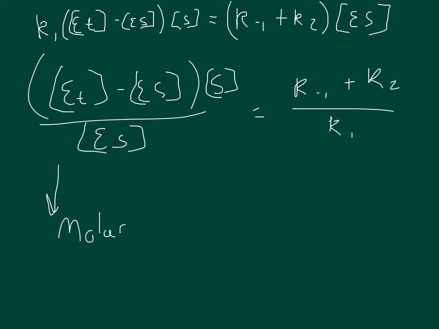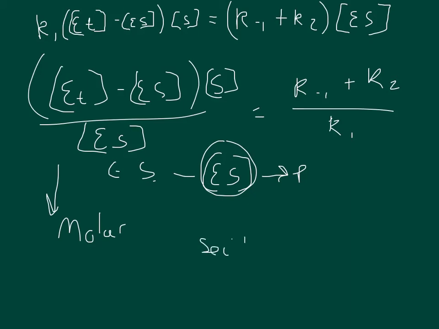Now secondly, notice that for k-1, whether the enzyme-substrate complex forms a product or forms the substrate and the enzyme, this is a unimolecular reaction, and so it's first order. So the units for k-1 are seconds to the negative 1, and the units for k2 are seconds to the negative 1. And for k1, it's bimolecular, so the units are molar to the negative 1 times seconds to the negative 1.